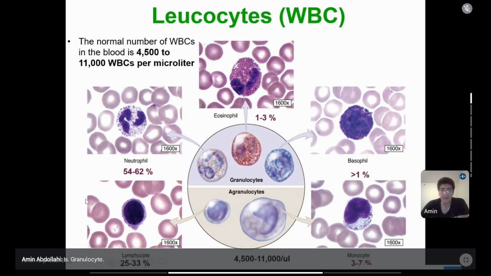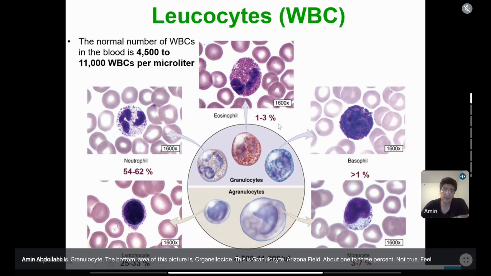granulocyte. The bottom area of this picture is agranulocyte. This is granulocyte: eosinophil, about 1 to 3%.